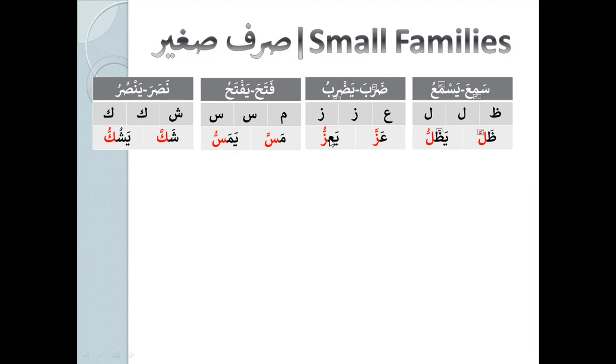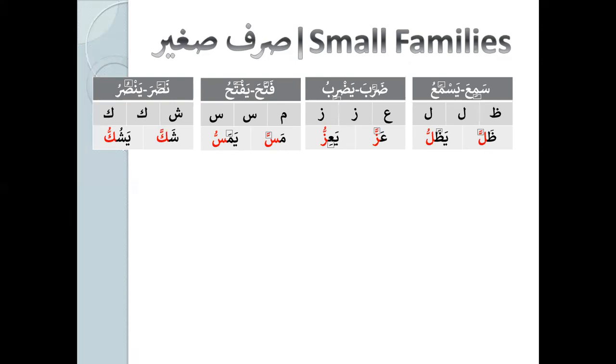And again, in the Mudari, the middle root letter's haraka comes back, Ya'izzu. Then Fataha, Yaftahu, again the same thing happens: in Madi, the third root letter's haraka is transferred to the second and it becomes Massa. And then again, the middle root letter's haraka comes back in Mudari, Yamassu.